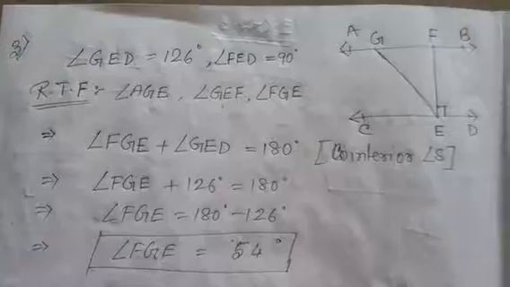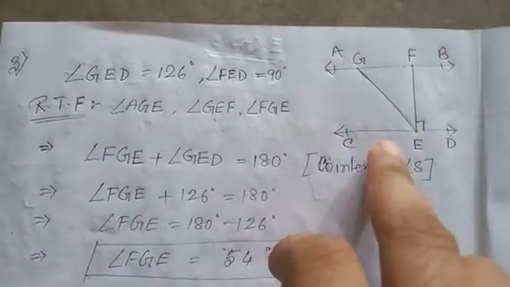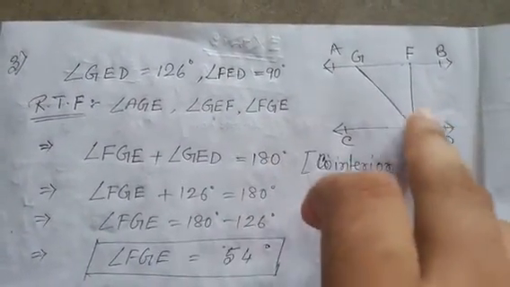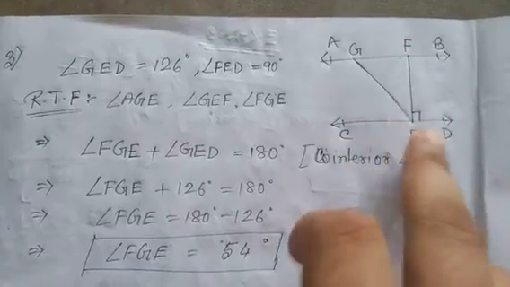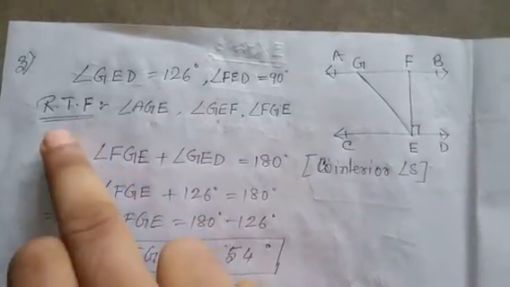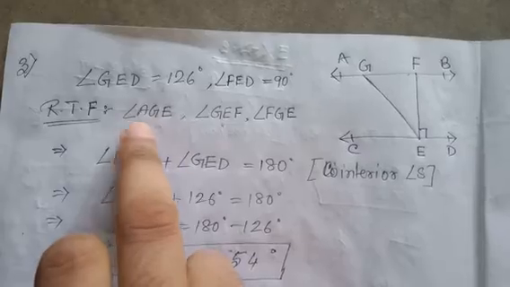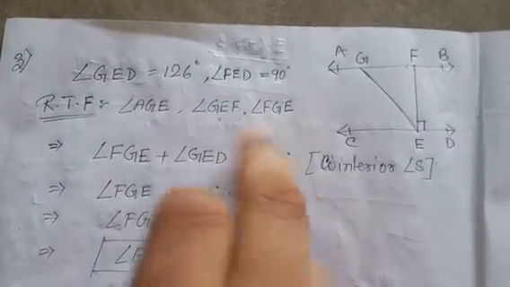Here angle GED is 126 degrees and angle FED is 90 degrees, given. We are required to find AGE, GEF and FGE angles.